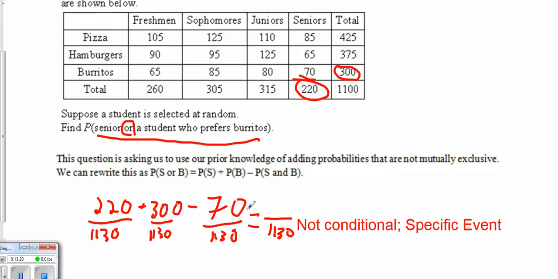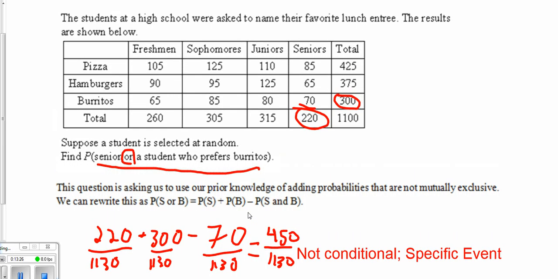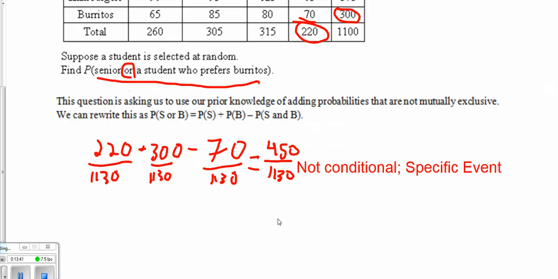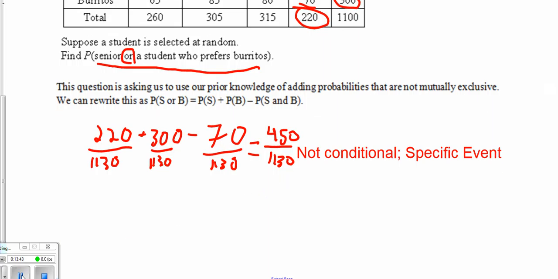And when you do that, you should get 450 people who are either seniors, so this 220, or they like burritos, but we can't double count them. So we have to get rid of at least one of that group of people who are both. We'd get 450 out of 1,130.